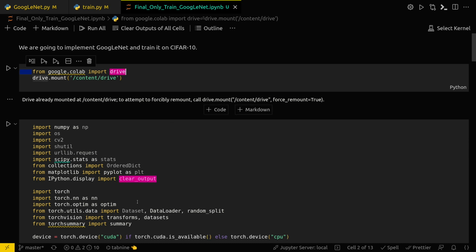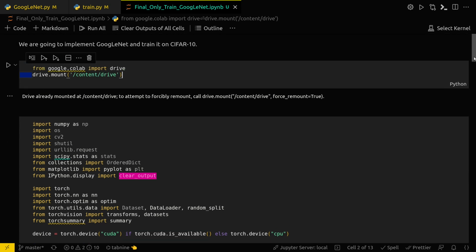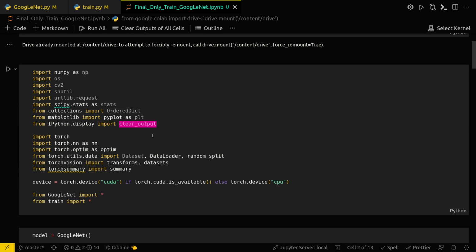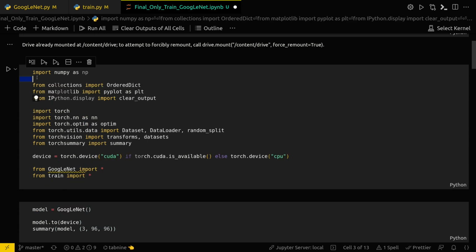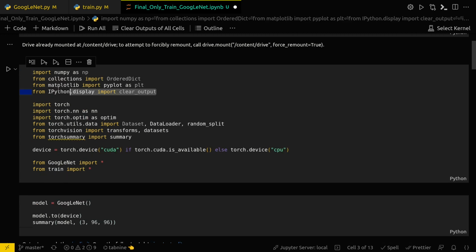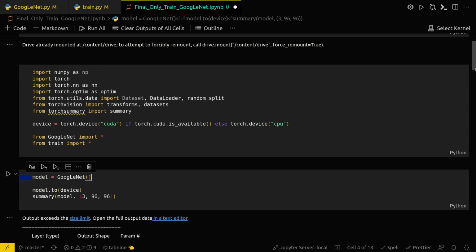So initially I was just loading my Google Drive in this first cell. These are all boilerplate things, so no point in talking about that. And importing all the important libraries. I think I imported some extra ones that I don't need, so I'm just deleting them. Yeah, this also I don't need. All right, now for my model, I'm importing from those two files, googlenet.py and train.py.